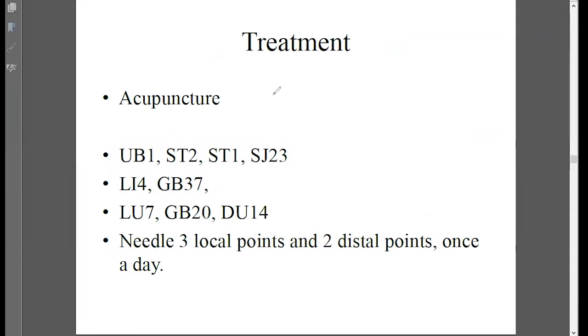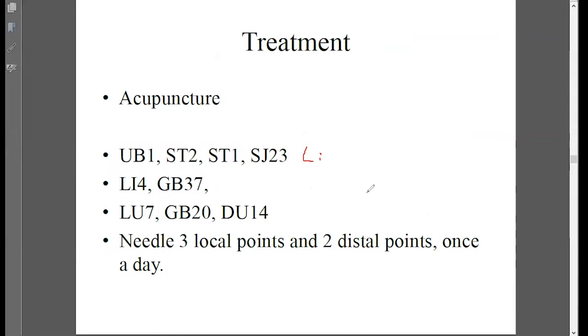And the treatment, we still say local points here and local points here. This illness is a virus infection, but it's not easily transferred from one person to another. It doesn't belong to contagious illness.